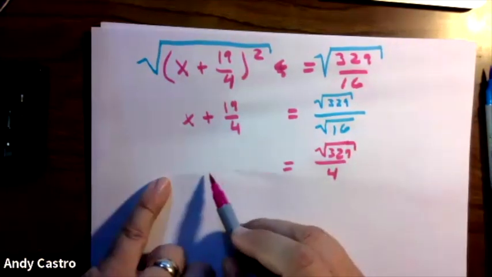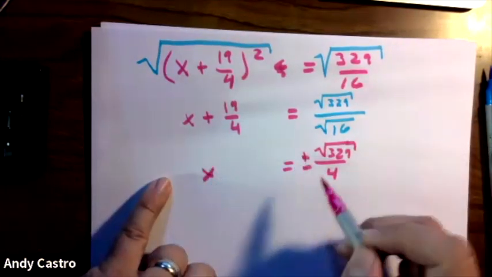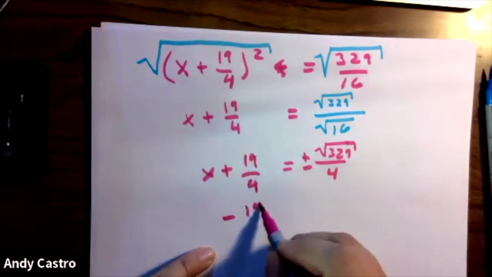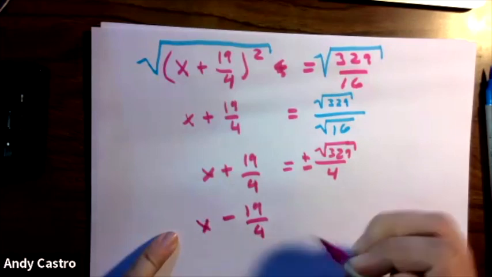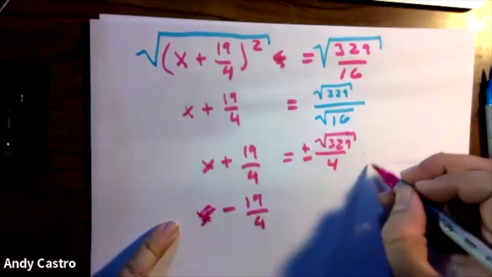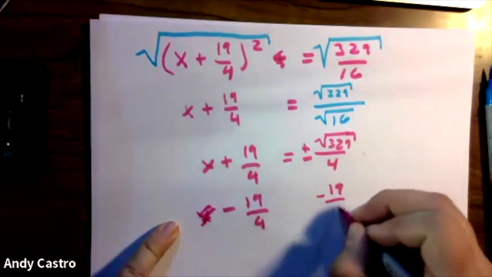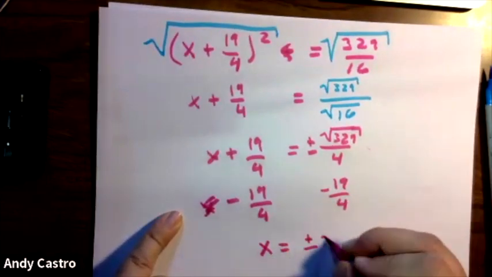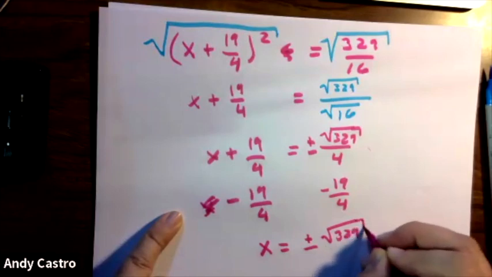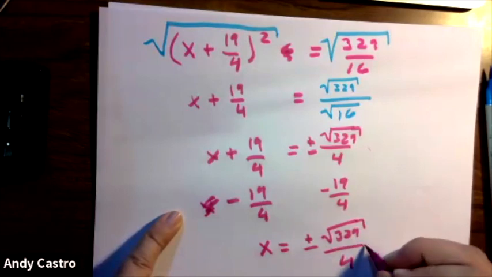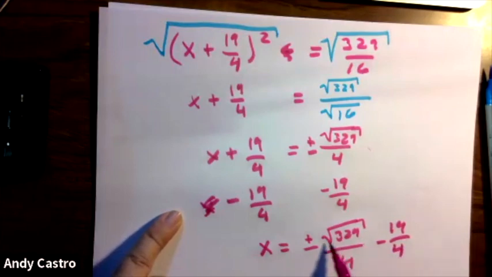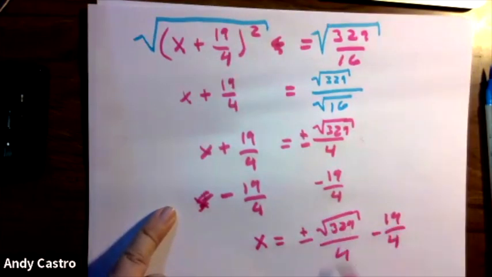And then to solve for x, and this would be plus or minus, and I won't finish solving this because we are way over time. But x would equal plus or minus square root of 329 over 4 minus 19 over 4, which would be the square root of 329 minus 19, all over 4.